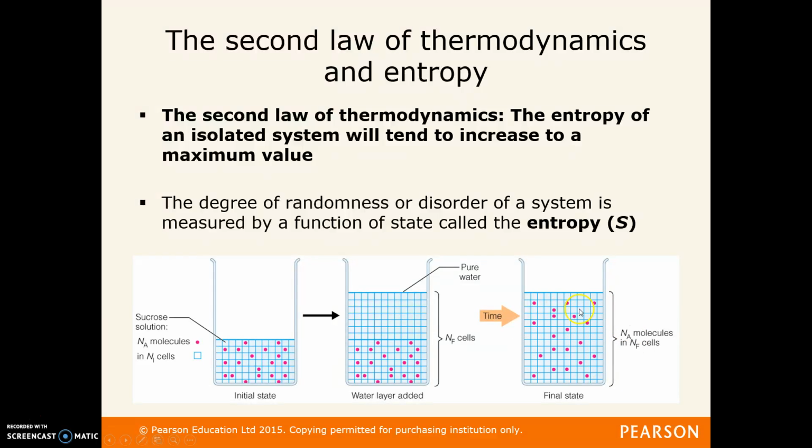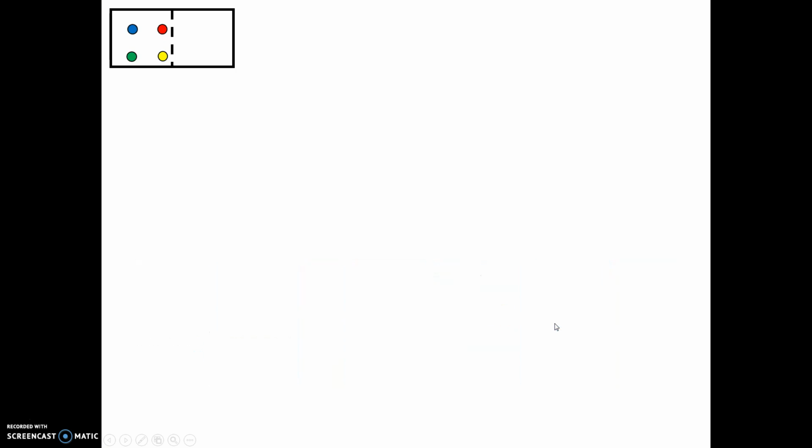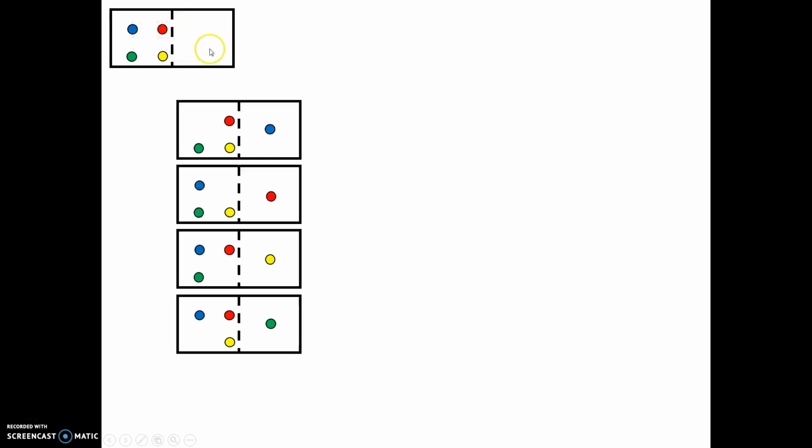The reason why this is inevitable is just a pure matter of statistics. So here we have a box that has a membrane in the middle, and we have 4 different colored molecules. There's exactly one condition where we can have all 4 molecules on the left-hand side. If we then ask how many conditions we can have where we have one molecule on the right and 3 molecules on the left, we have 4 ways that we can achieve that.